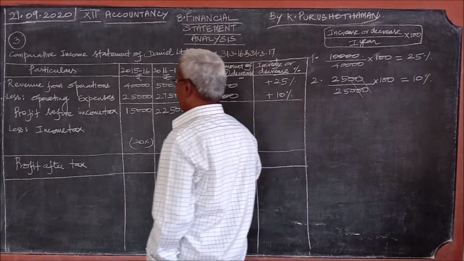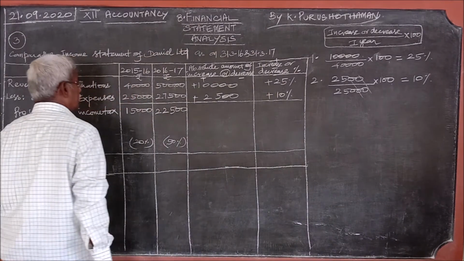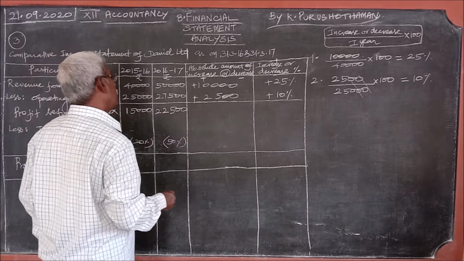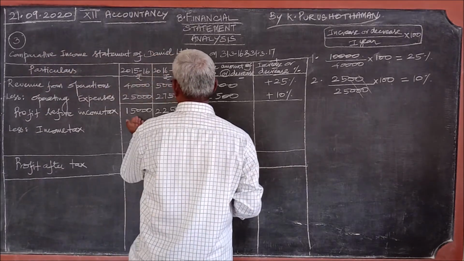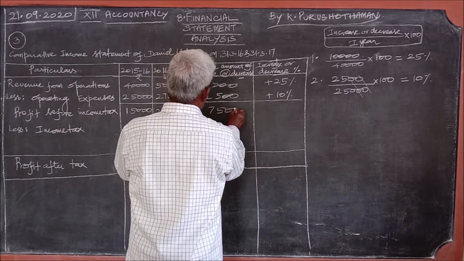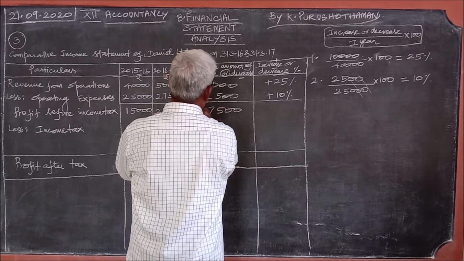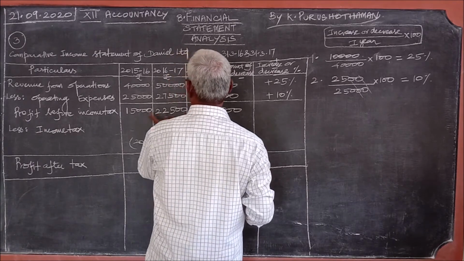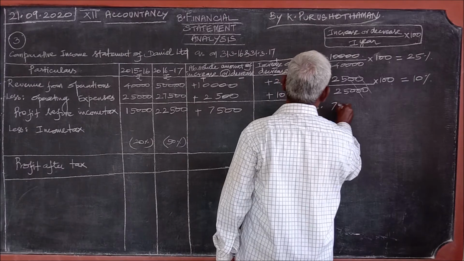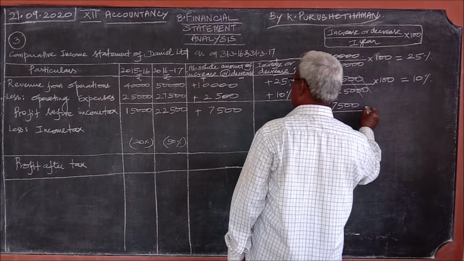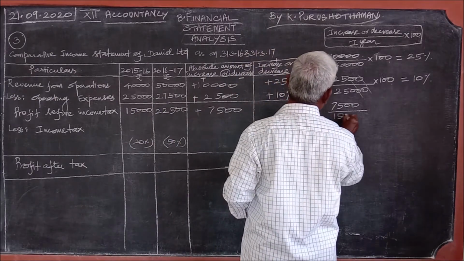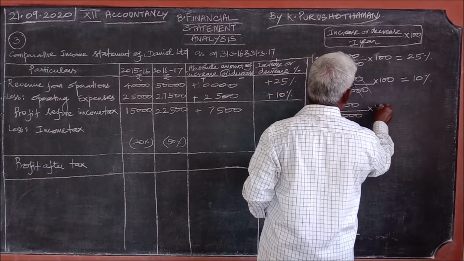What about the profit earned by the company? First year 15,000, second year 22,500. So there is automatically an increase. How much is the increase? 7,500 is the increase, therefore plus 7,500. So for the third item, 7,500 by first year 15,000 into 100.